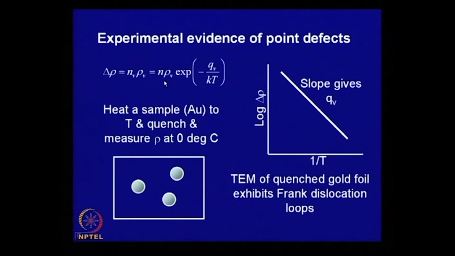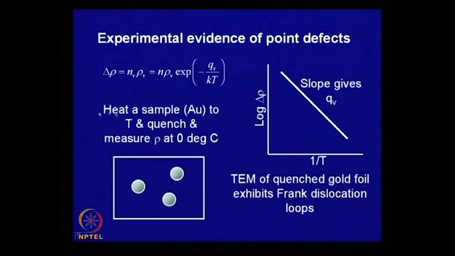One of the earliest works was done on gold. It was heated to a high temperature, where the vacancy concentration will be much higher than at room temperature. If you cool it very fast, you are retaining excess vacancies at room temperature, or you can quench to a sub-zero temperature to ensure that vacancies do not diffuse out.